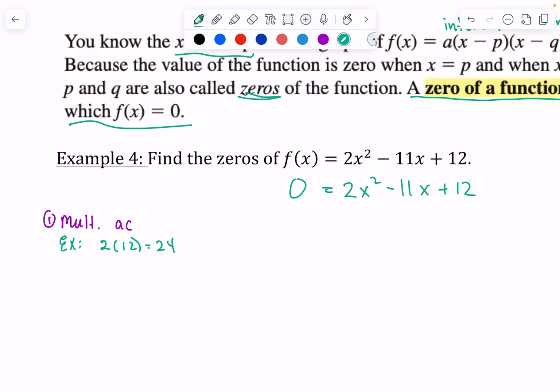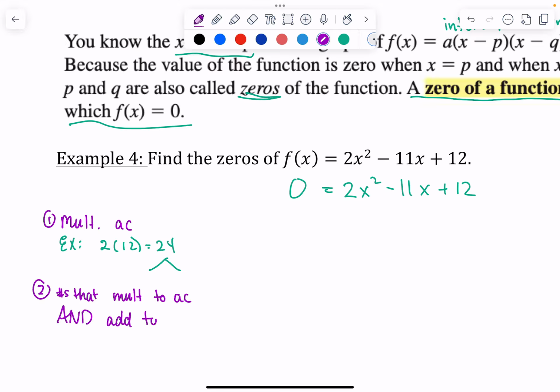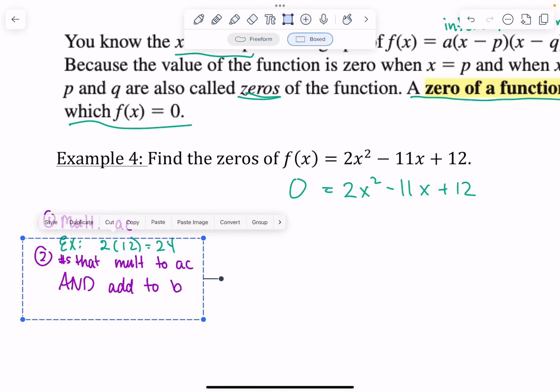Okay, so now I'm thinking of two numbers that multiply to 24 but add to negative 11. So I need numbers that multiply to whatever AC is and at the same time add to B, whatever our B value is, okay? So what two numbers multiply to 24 but add to negative 11?